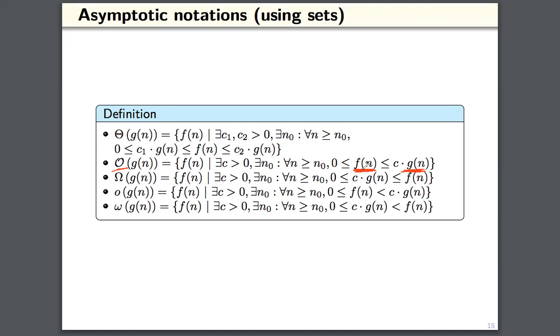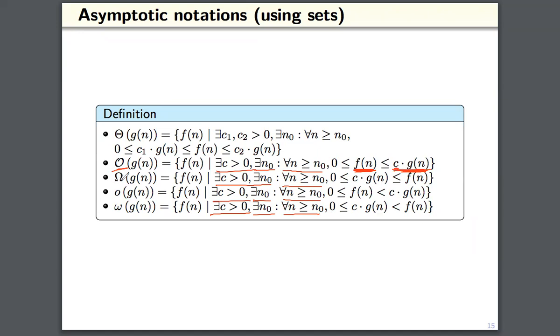F of n is less than or equal to c times g of n, such that c is positive. All these constants are positive. There exists n naught, positive, and for all n greater than or equal to n naught. That means eventually this function is upper bounded by g of n.